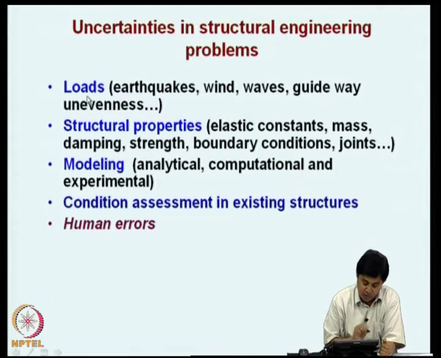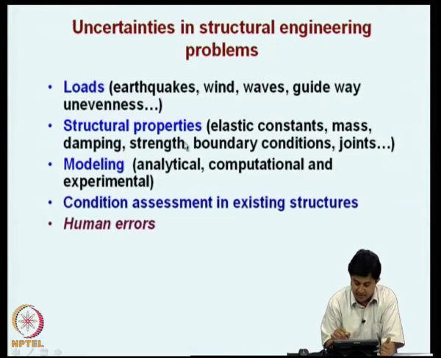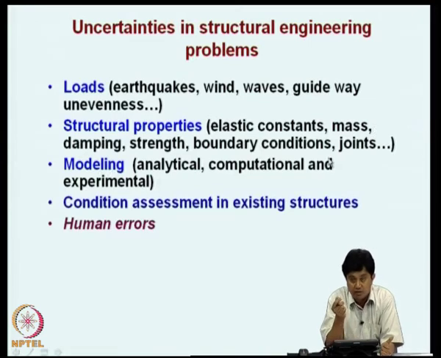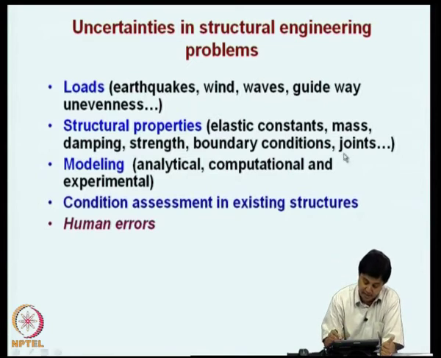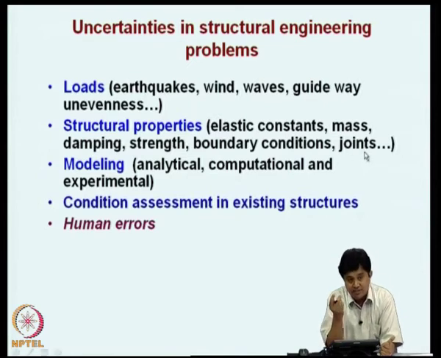It is not only the loads, even the structural properties like elastic constants, inertial properties, damping, strength, boundary conditions, joints, etc. are also uncertain. For example, if you take a joint in a truss member, say a lattice girder bridge truss, we do not know whether it is a perfectly pinned end or a perfectly fixed end.